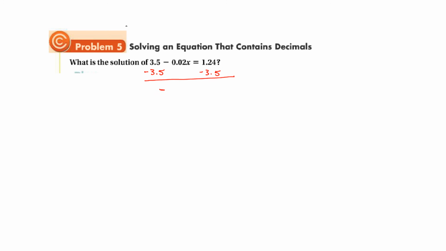That leaves me with negative 0.02x equals, and if I take 1.24 minus 3.5, I get negative 2.26.